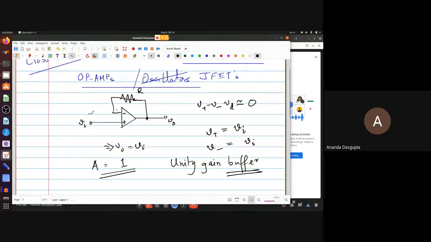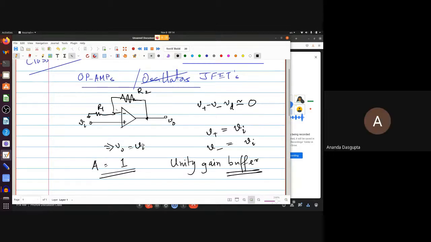But let's say I connected 2 resistances like this, R1, R2, and grounded R1. Do you recognize what this circuit now is? This is a very familiar non-inverting amplifier.